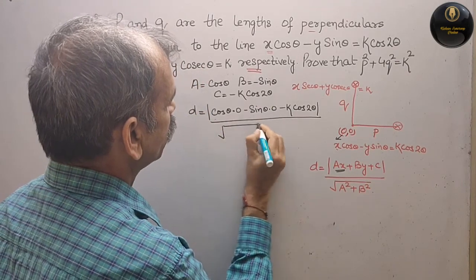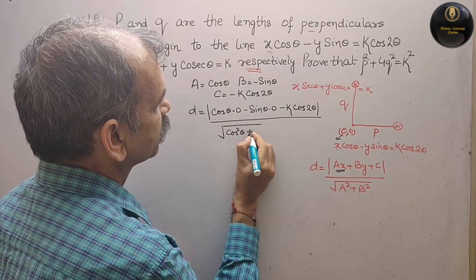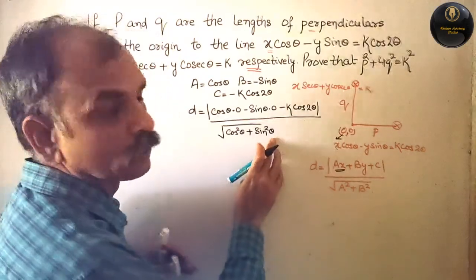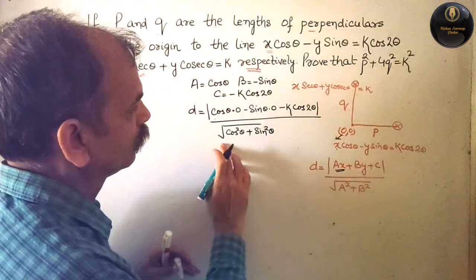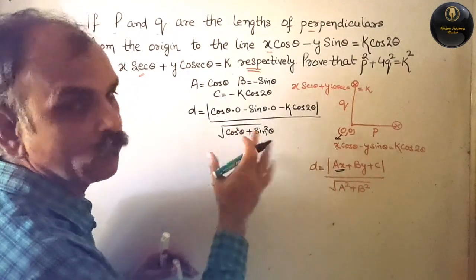That means root over cos square theta plus sin square theta, which is 1. So this denominator will go.